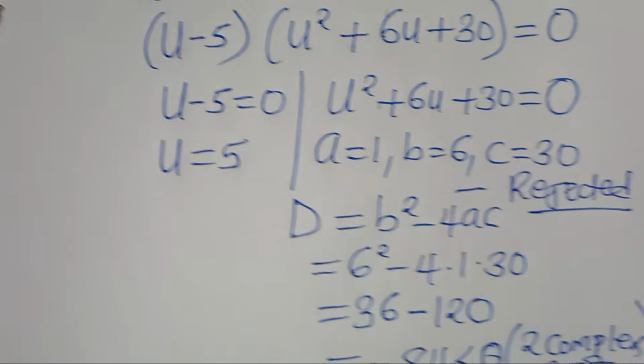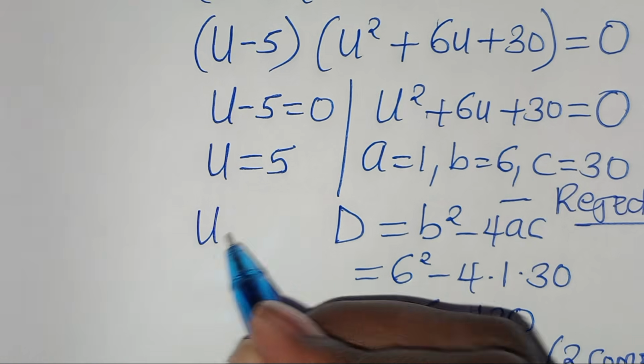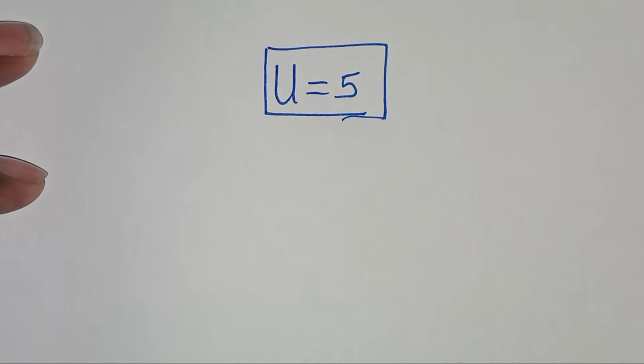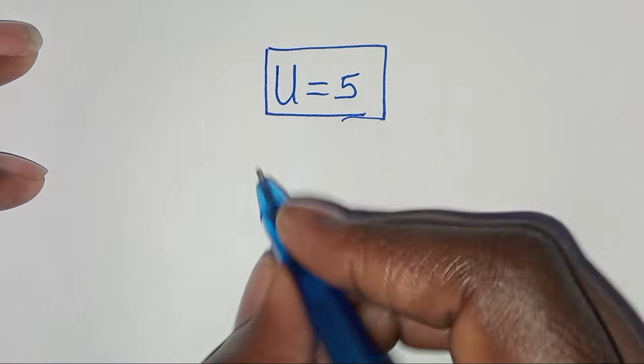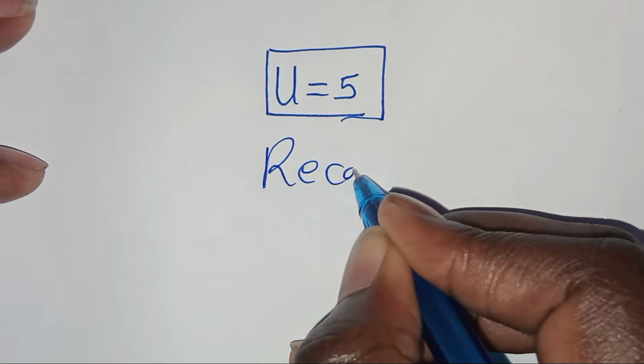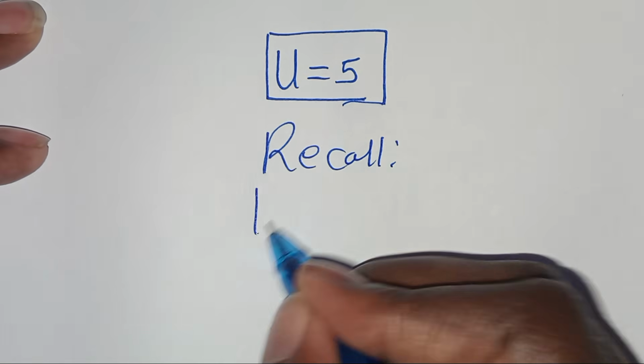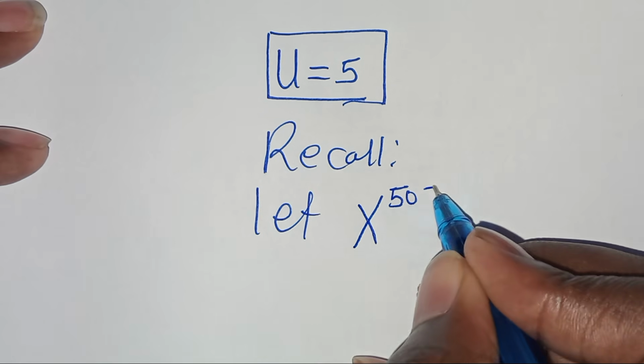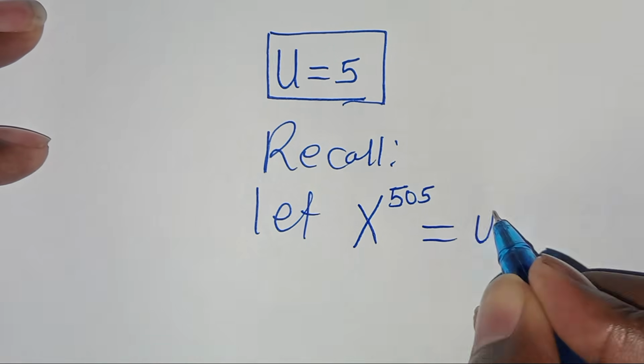Now let's focus on u, which is equal to 5. Now we have that u is equal to 5, and if you recall, we let x to the power of 505 be equal to u.